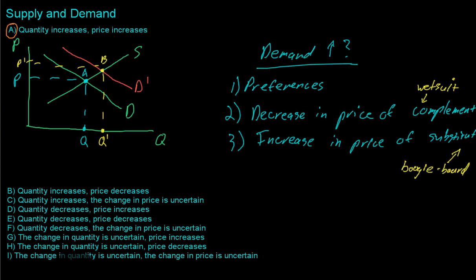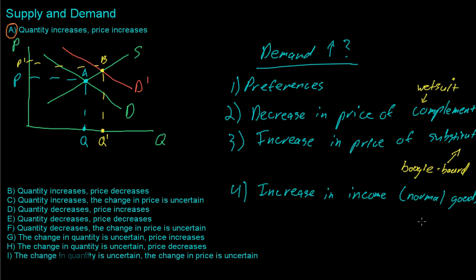And then the next 2 things I will also do separate videos for. The next one is an increase in income if surfboards are a normal good. A normal good is a good that people buy more of when they have more income.